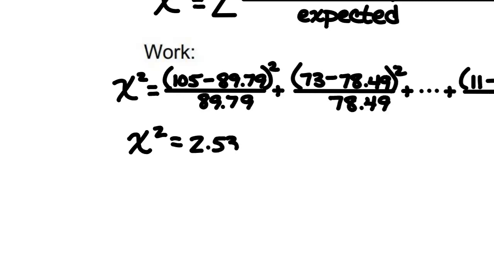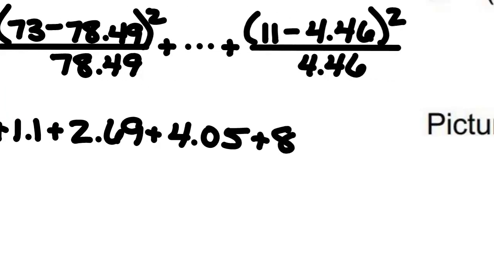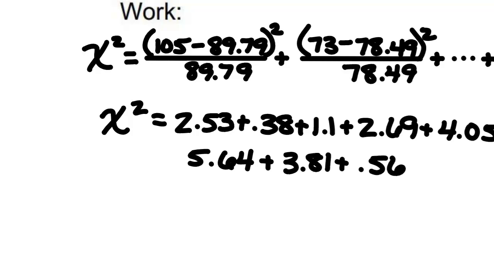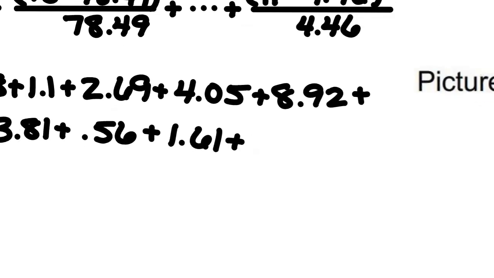So 2.53 plus 0.38 plus 1.1 plus 2.69 plus 4.05 plus 8.92 plus 5.64 plus 3.81 plus 0.56 plus 1.61 plus 3.95.